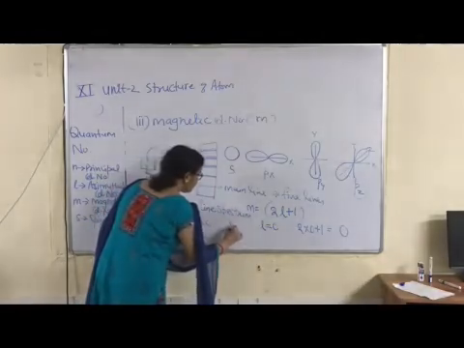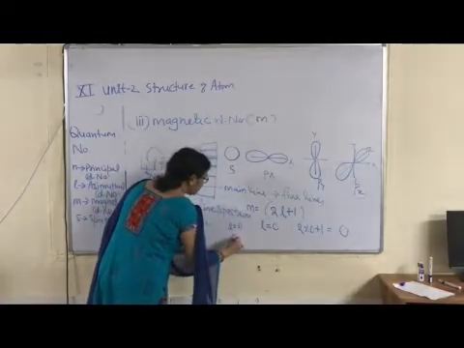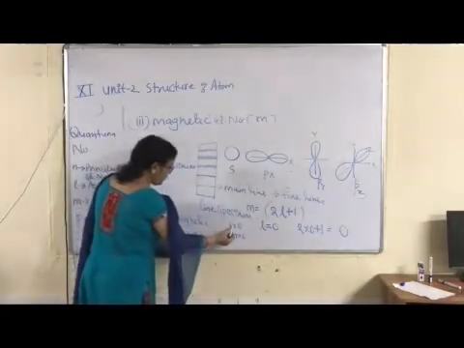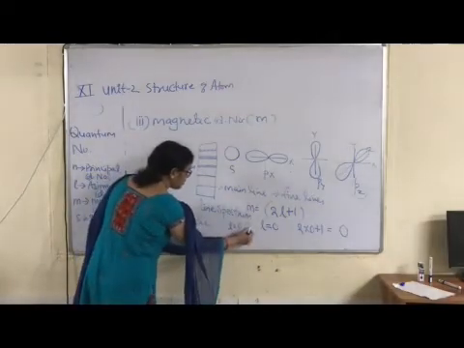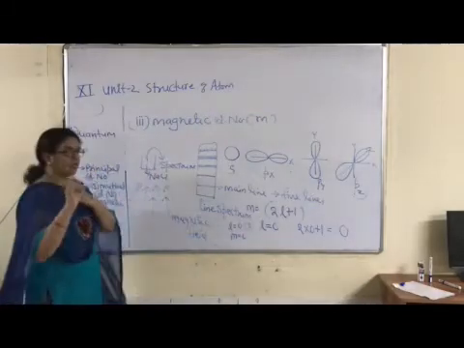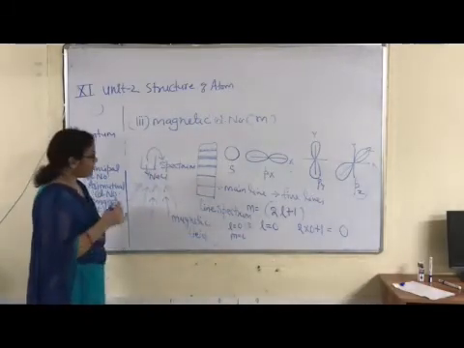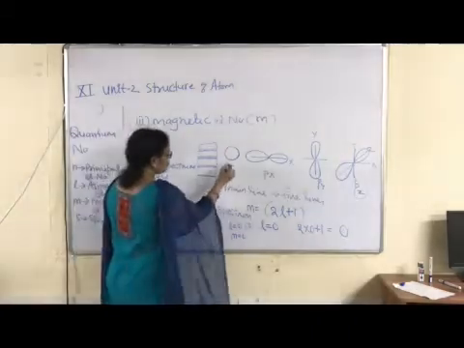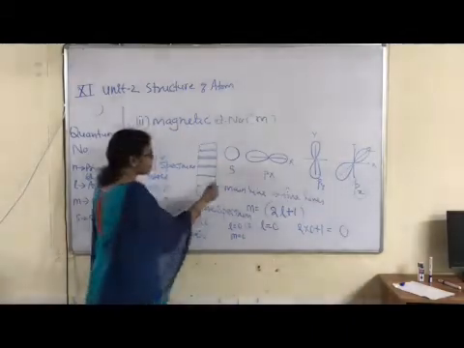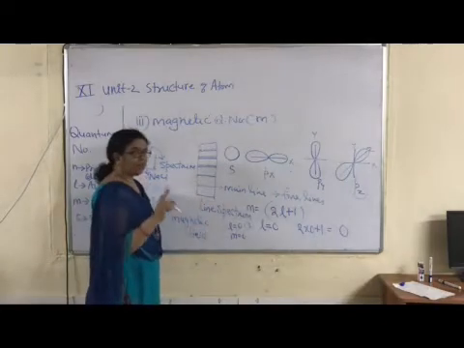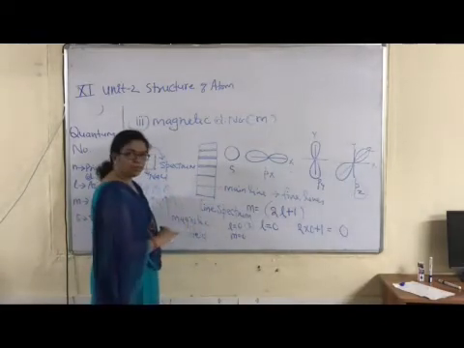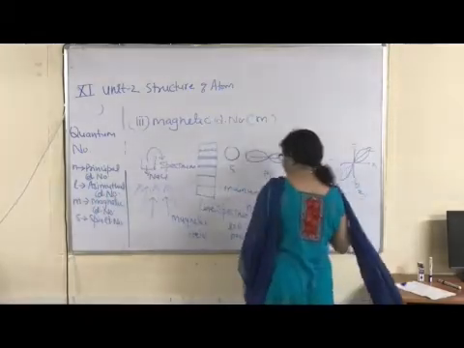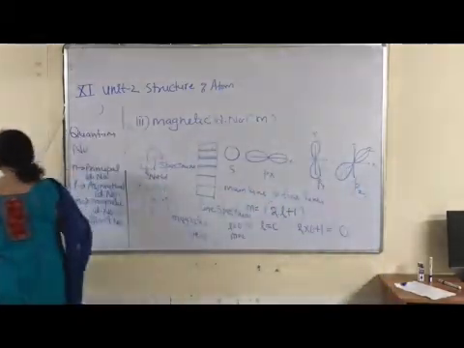It means when L is 0, M is always 0. Why? You know, children, if L is equal to 0, it denotes the S subshell. And the magnetic quantum number denotes the orbital. Right? So how many orbitals are present in the S subshell? Only one. What is its first value? 0. Clear?